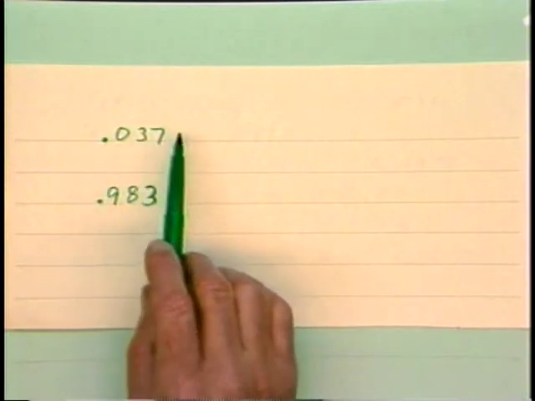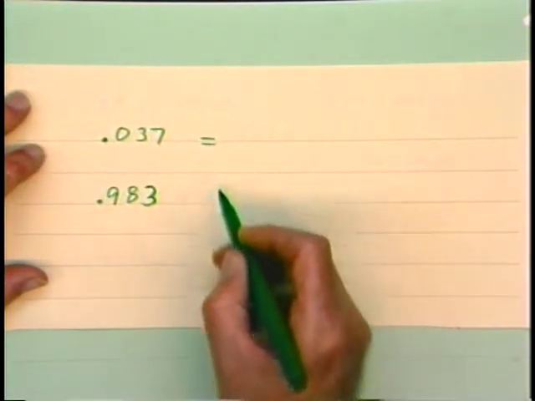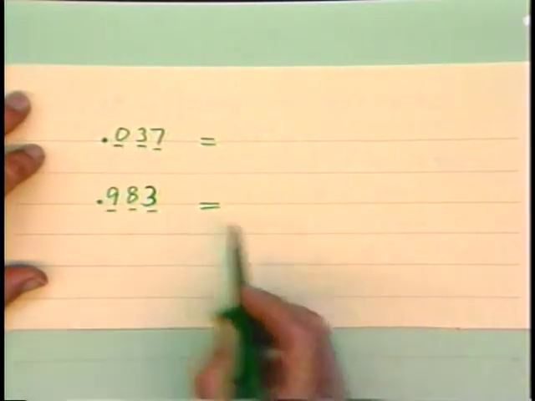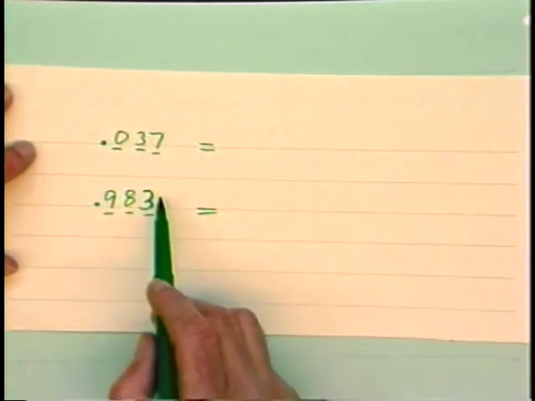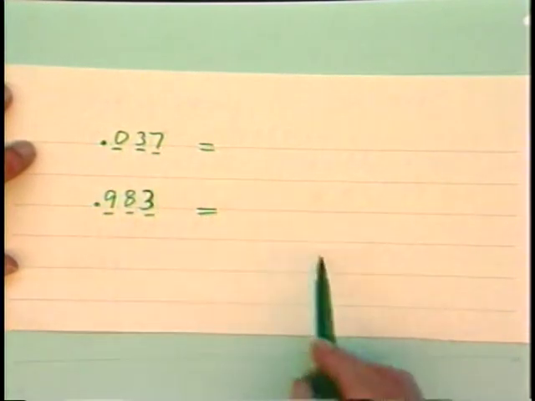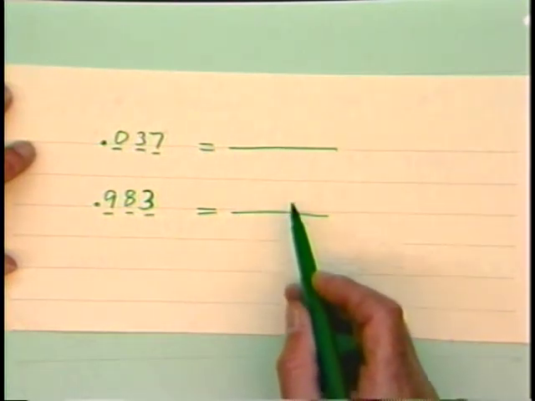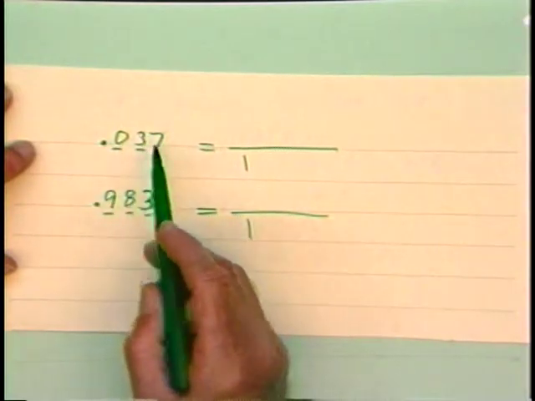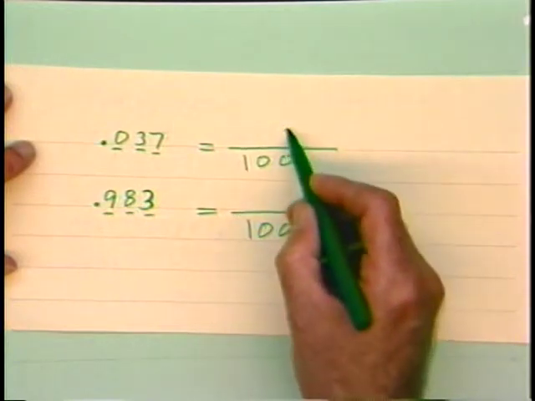Now, no matter what these are as fractional values, we know that each of them has 3 decimal places. Even though this has 2 non-zero digits, this one 3, they each have 3 decimal places. And no matter what I would put on the tops, the bottom would be a 1 followed by 1, 2, 3 zeros in each case.